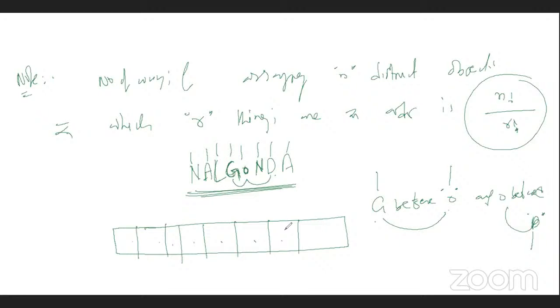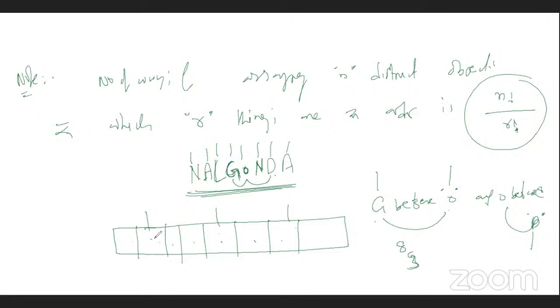To arrange 3 letters in the 3 boxes out of 8 boxes, what I am doing first, choose any 3 boxes out of 8. How many ways I can do it? 8C3. Then suppose in this 8C3 I got selected these 3. In these 3 what I decided to arrange?